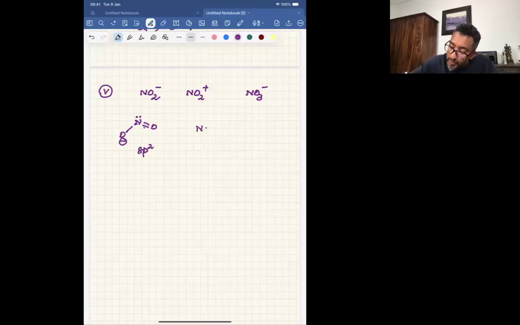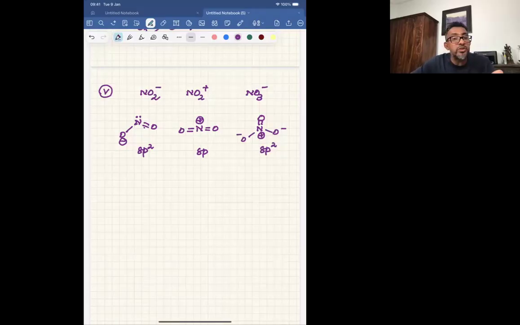NO2 plus is something like this, with a plus. So it is sp hybridized. NO3 minus has a double bond oxygen, this is negative, and this is positive. 1, 2, 3, that is also sp2 hybridized. So this is how the hybridization works.